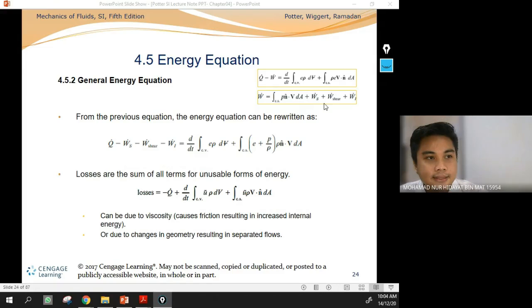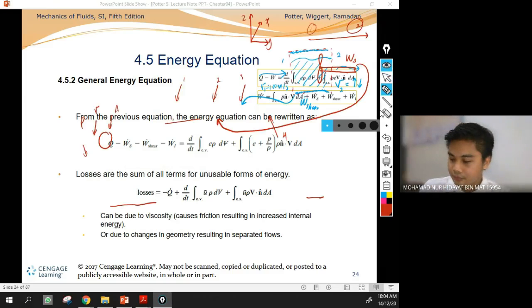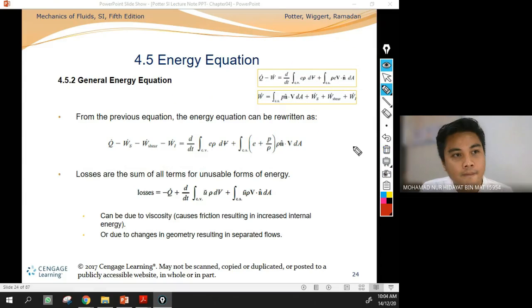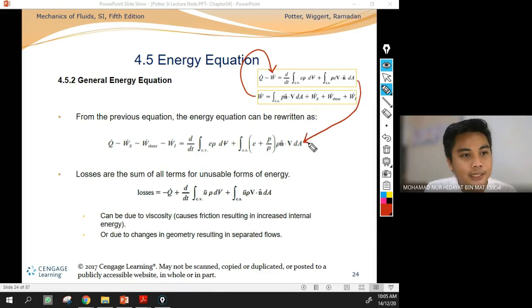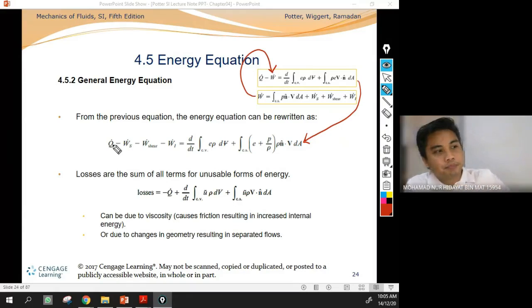So all these terms they substitute into this equation. Now this equation becomes this equation. You can see Q dot minus W_shaft minus W_shear minus work due to the frame motion equals dE/dt.